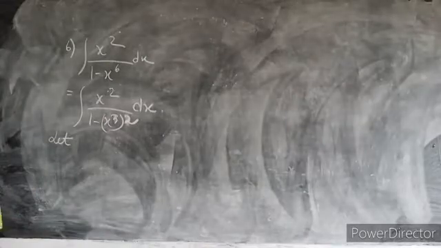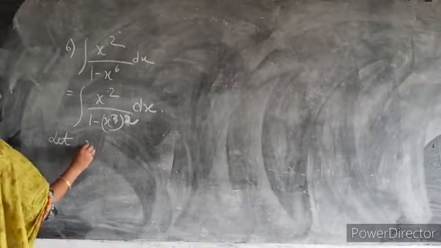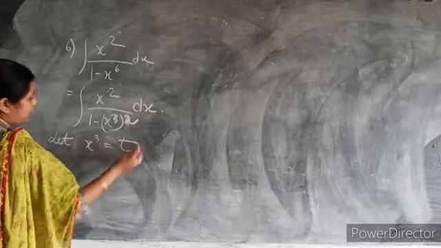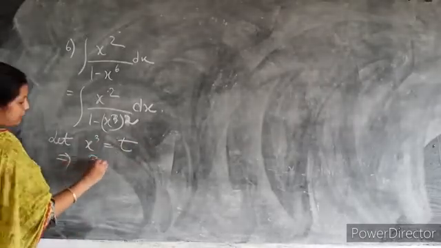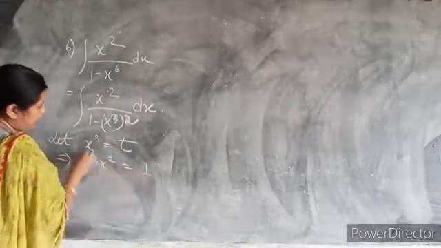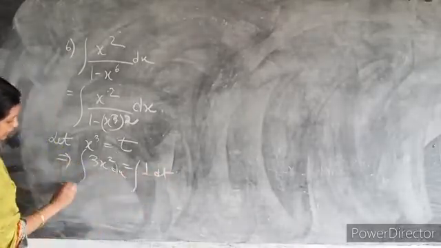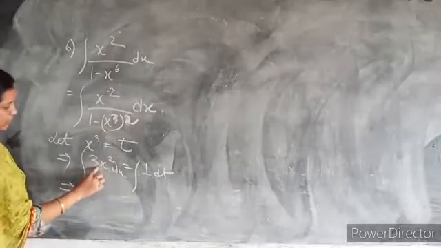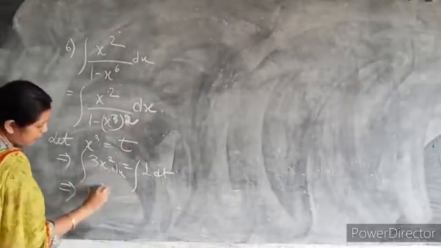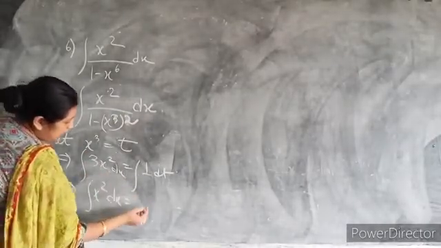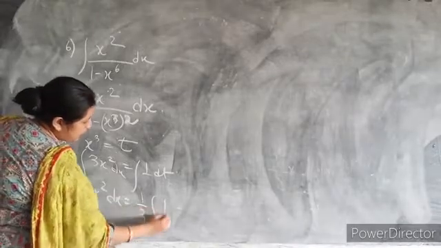So what we can do here is let x cube equal to t. When I do differentiation, this will be 3x square dx equals dt. When I use integration, the numerator is x square dx, so I can bring this 3 over here: integration x square dx will be 1 by 3 dt.